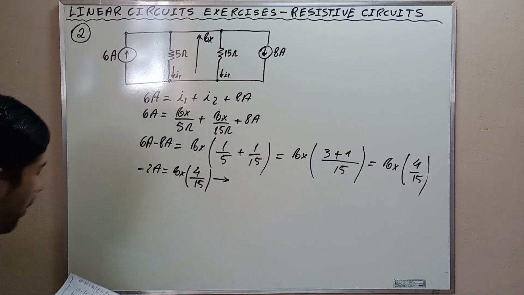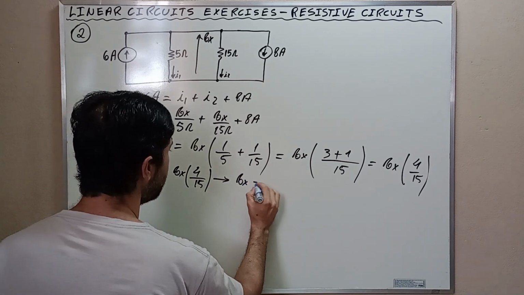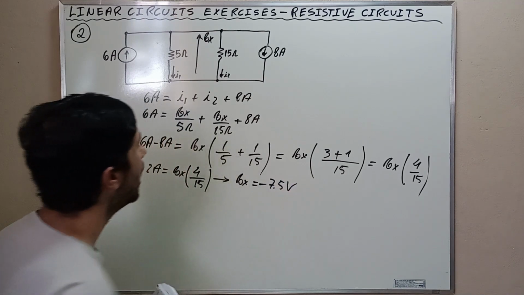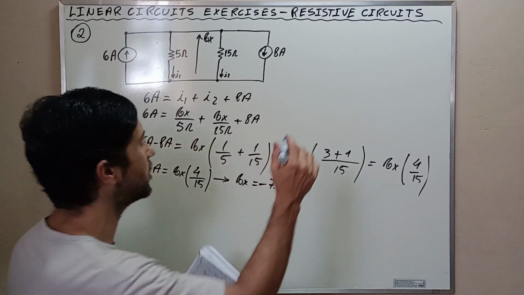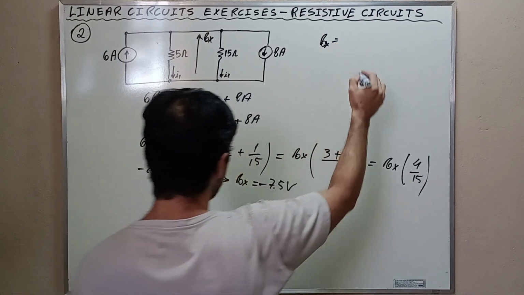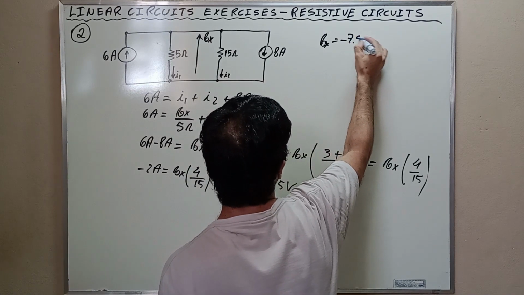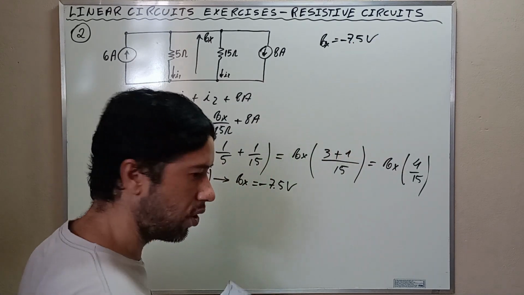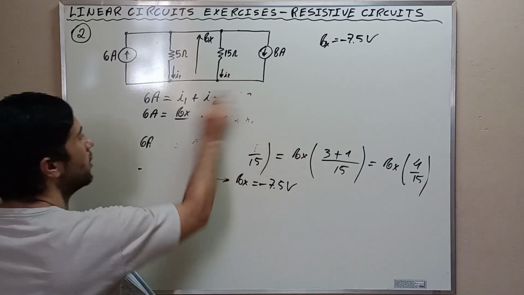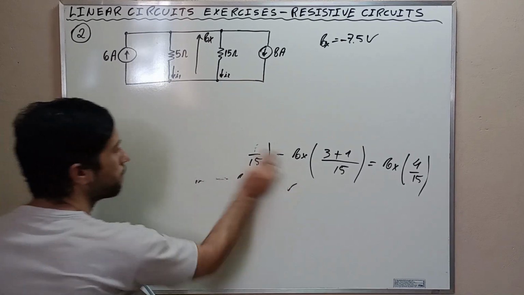And ultimately, we find that Vx is equal to negative 7.5 volts. I'm going to write it here because I'm going to need space. Then, just to save the result here, Vx is equal to negative 7.5 volts.